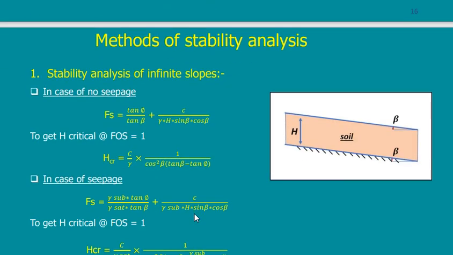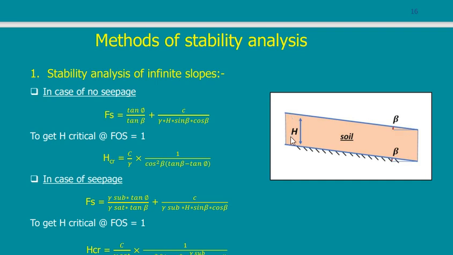It depends on the type of the slope. There is something called an infinite slope. If I have a slope like this, with soil on top, this is a hard layer, and this is a little bit soft soil, and this slope is extending in the perpendicular direction a very long distance, I can just check it as being an infinite slope.